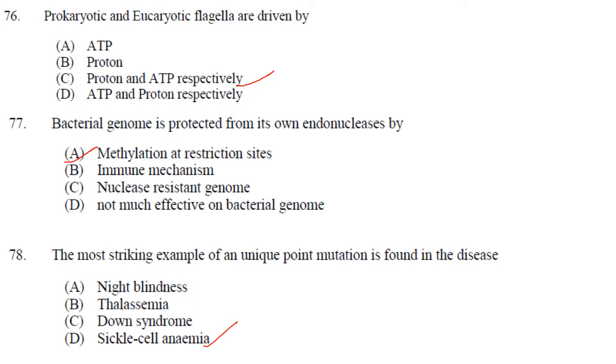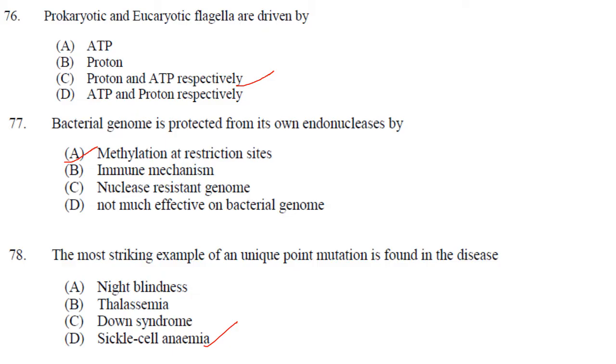Then bacterial genome is protected from its own endonucleases by. So the restriction enzymes in bacteria function to defend themselves against bacteriophages or invading viruses. The DNA sequence the restriction enzyme recognizes is present both in the viral DNA as well as the DNA in the bacteria.